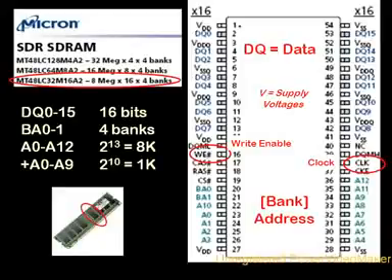They use address lines A0 through A12 for 8K worth of addresses, and then a split second later they read a different address off of A0 through A9 and get another 1K. Multiply those together and that gives you basically 8 meg. So 8 meg times 16 bits times 4 banks of memory gives you a total of 512 megabits.